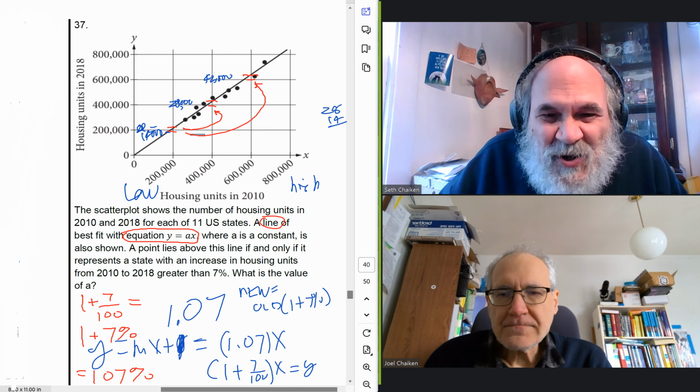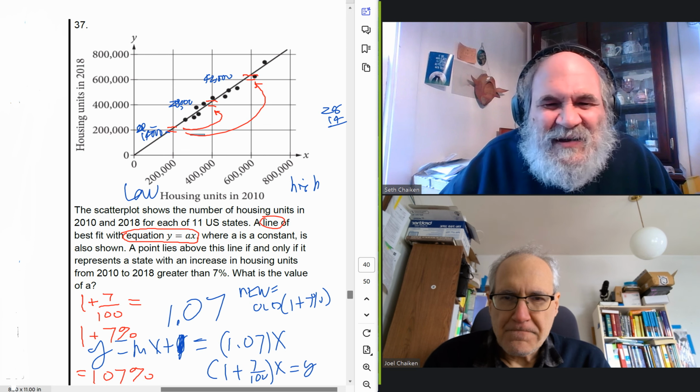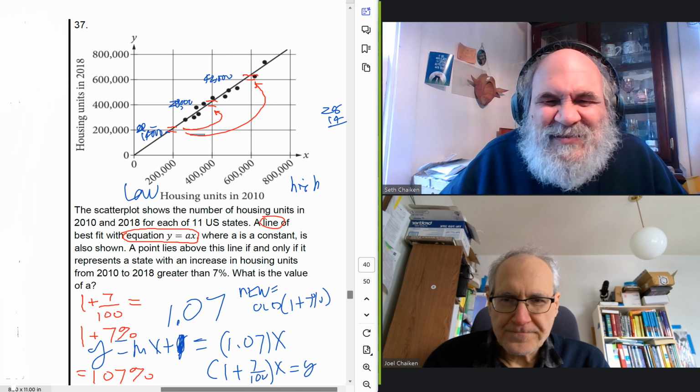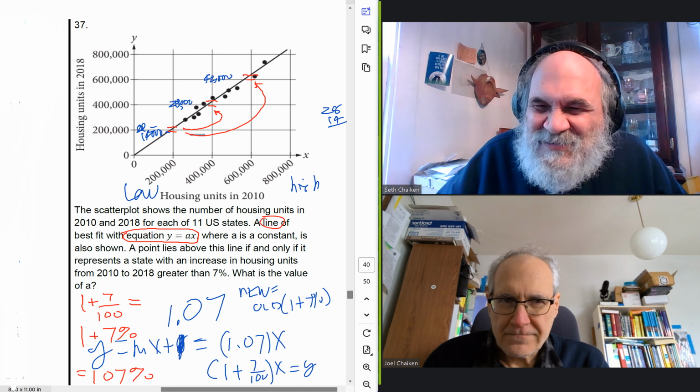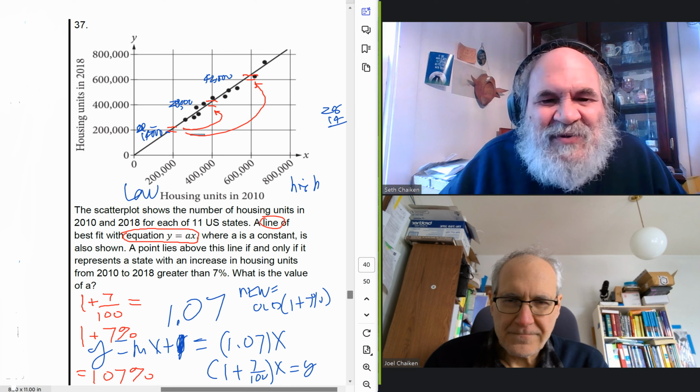This line is shown. And then it says, what's the property of this line? A point lies above the line if and only if it represents a state. But only the dots represent states. So a point is not representing a state.